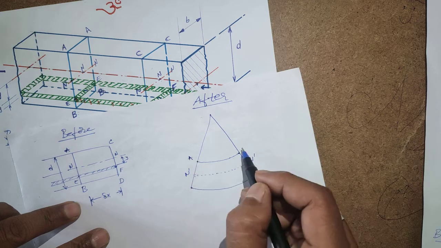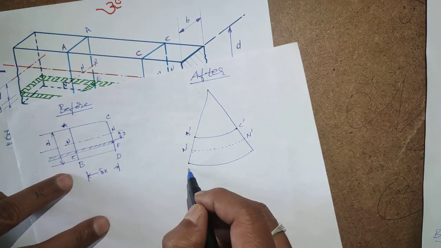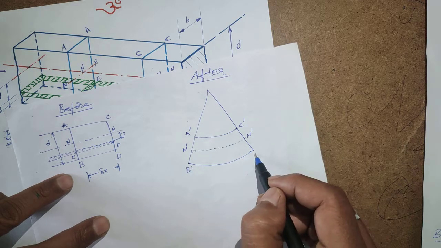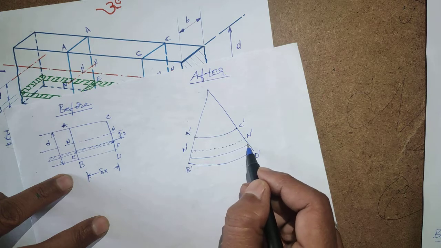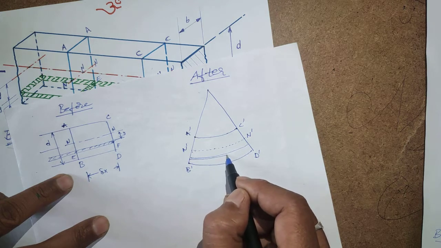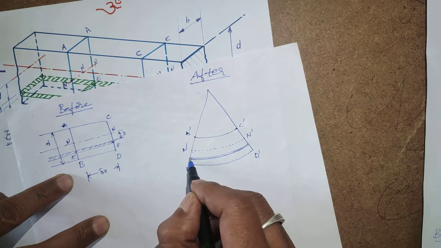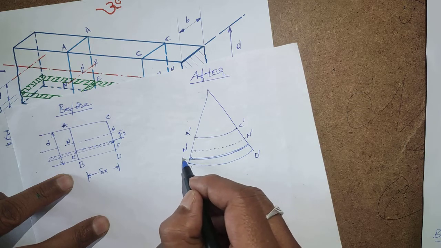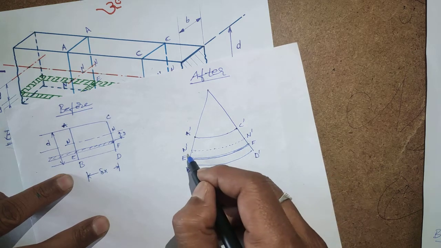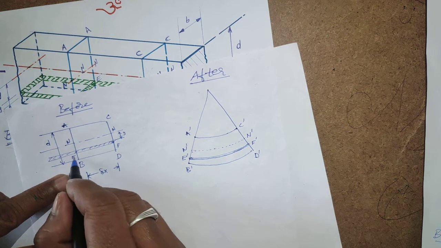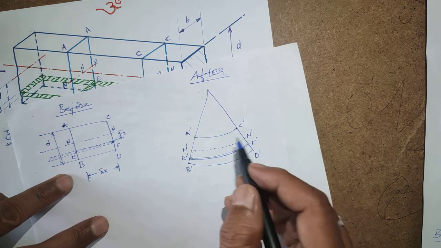This is A to C, A dash, C dash. Then B to D changes to B dash, D dash. Then this is the elementary strip, taking it as a thick line, point E, F, changing to E dash, F dash. Okay.